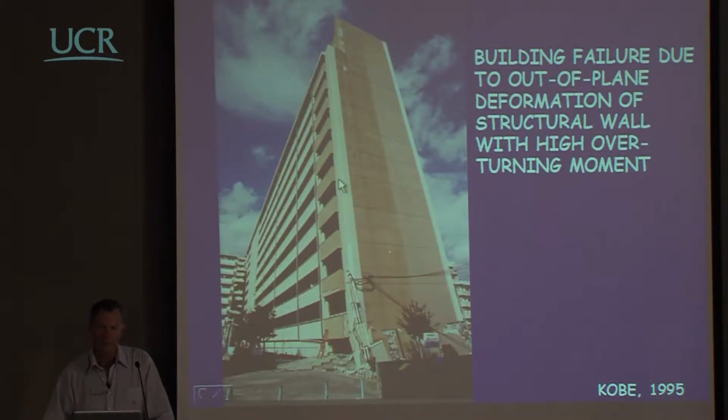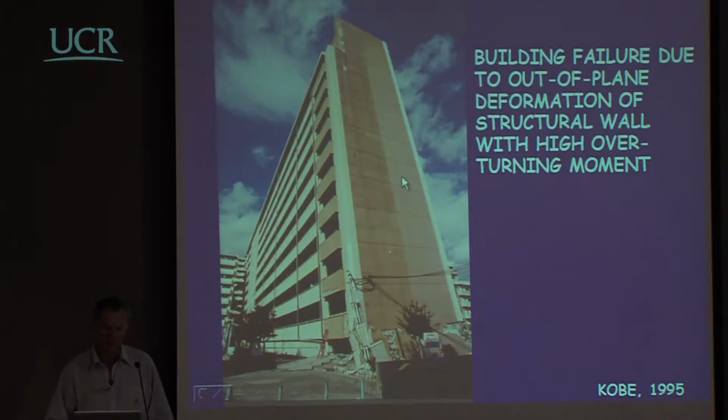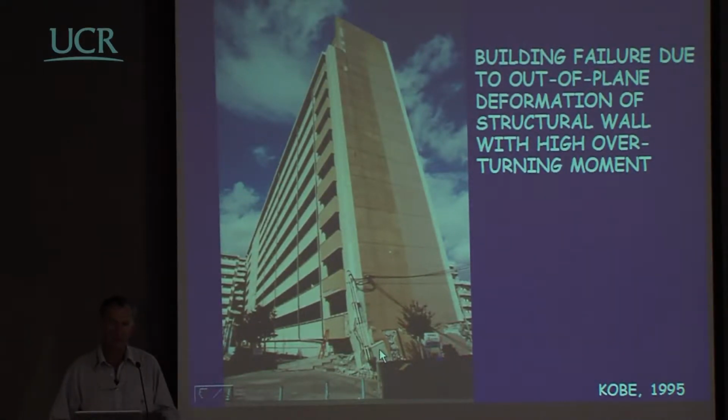Now, what happens under bidirectional loading is that in the frame direction, maximum drifts occur in the ground level, in the first floor, and as a consequence, there is very significant lateral deformation of the end of the structural wall, so that when this is subjected to overturning moment, the compression zone at the end of the wall is already deformed laterally and has a very eccentric configuration. As a consequence, it can fail there, causing failure of the structure as a whole. You can see that it's ended up losing a whole story as a consequence.